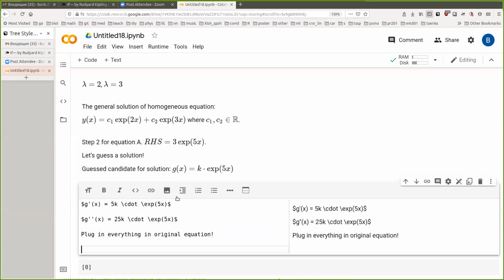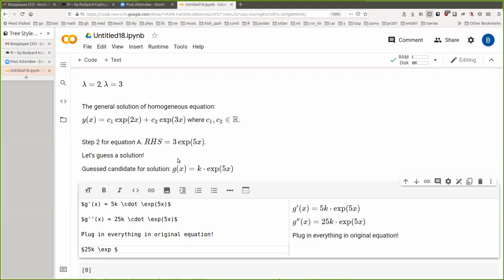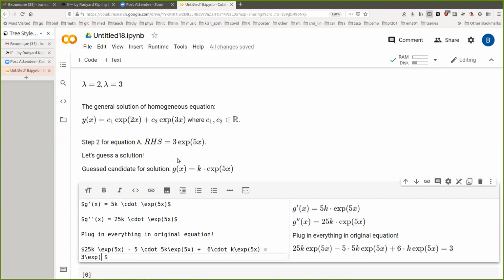If I plug in everything in the original equation, I will have that 25k exponent of 5x minus 5 times 5k exponent of 5x plus 6 times k exponent of 5x, and that should be equal to 3 exponent of 5x.